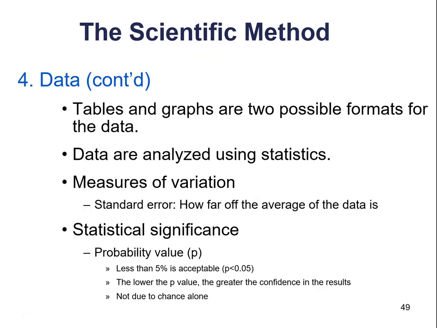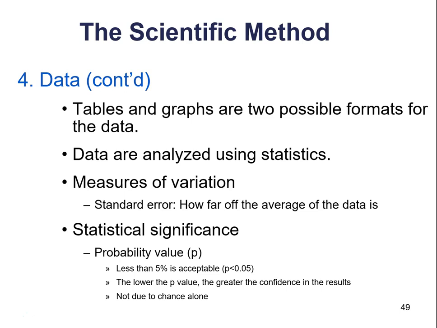Okay, in terms of how you present that data, or how you put that data together, you use tables, you use graphs. You also have to, like I said before, analyze that data using statistics. Again, that's why math and science always go hand in hand. This is one of the main reasons. And there's obviously lots of branches of science that involve math.